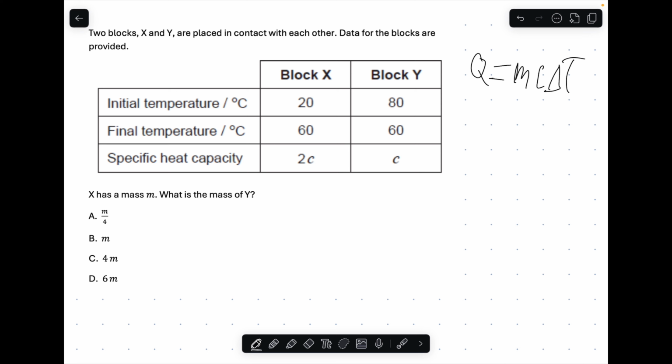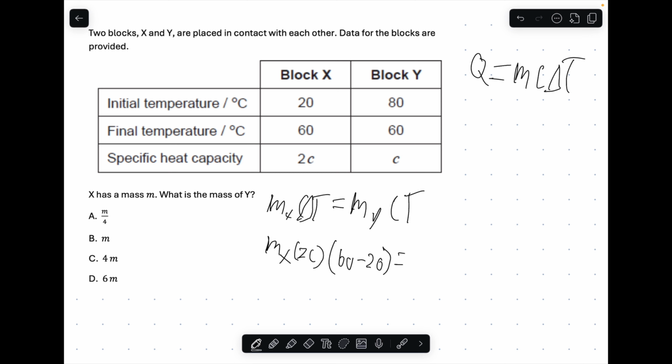We know that they're going to be equal to each other, so for X that's just m, c, delta T, equals my, c, delta T for Y. The c of X is 2c, so we put mx times 2c, and the change in temperature is simply 60 minus 20.